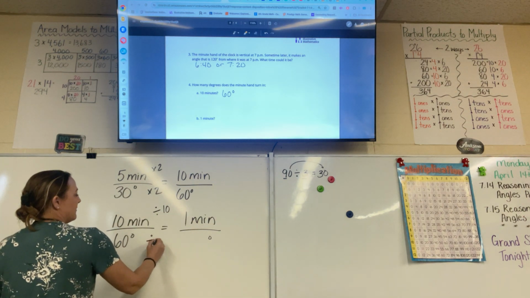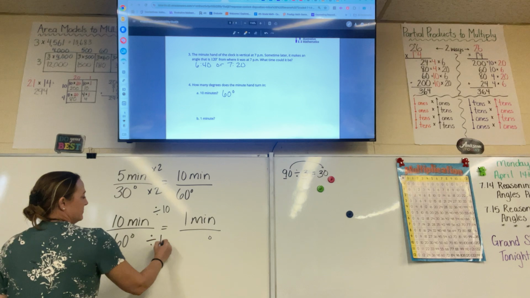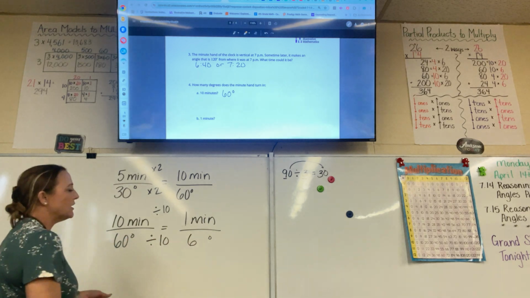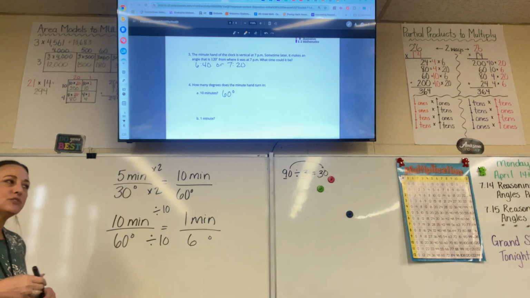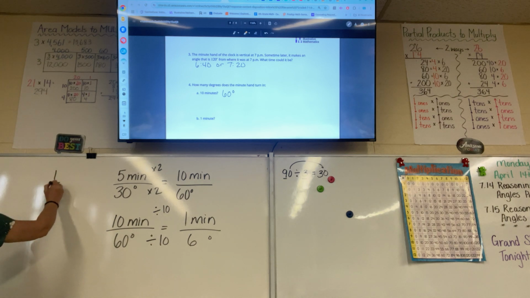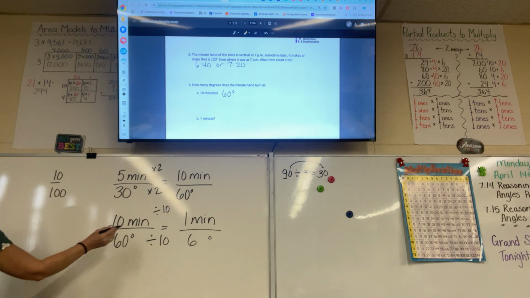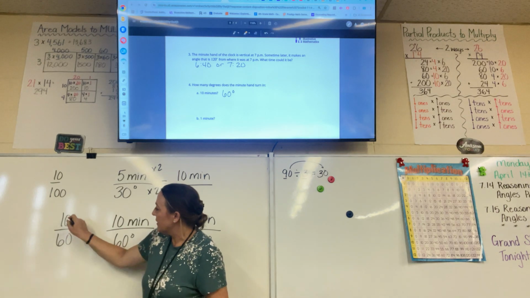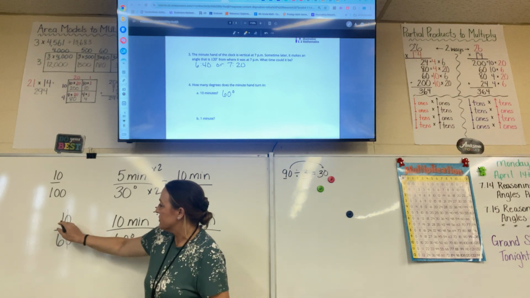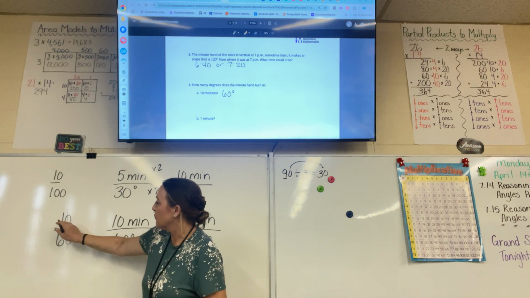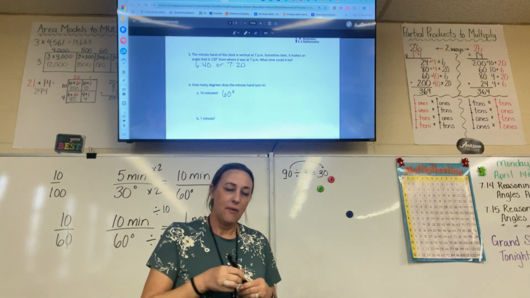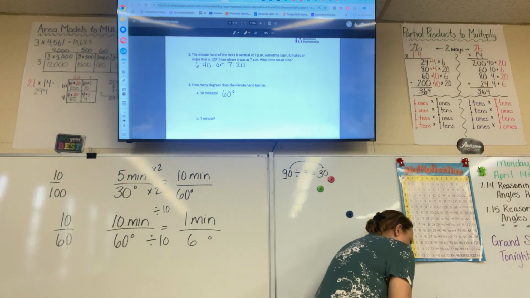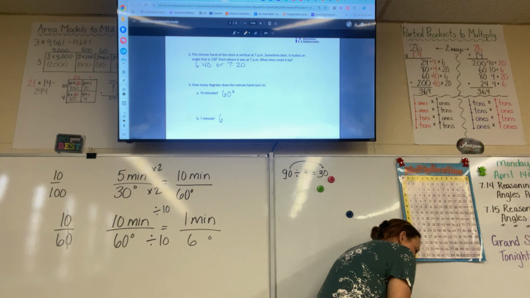And 60 divided by 10? 6. So look, guys, remember when we were doing decimals, how I showed you 1/10 is the same as 10 hundredths? Well, this is similar. We had 10 on top and 60 on bottom. We're just taking off the 0. So 10 minutes is 60 degrees, or 1 minute is 6 degrees. So 1 minute is a 6-degree angle on the clock.